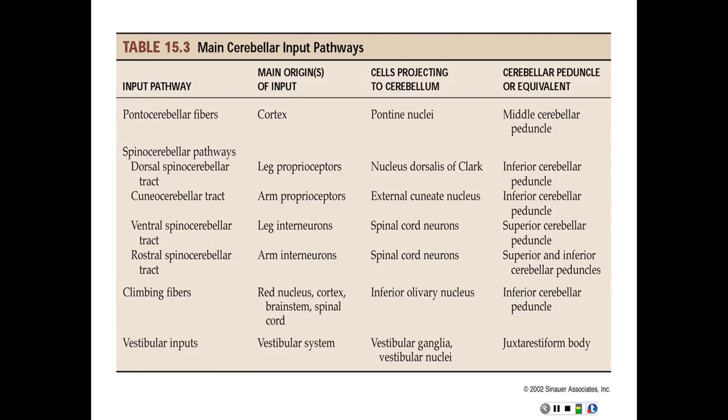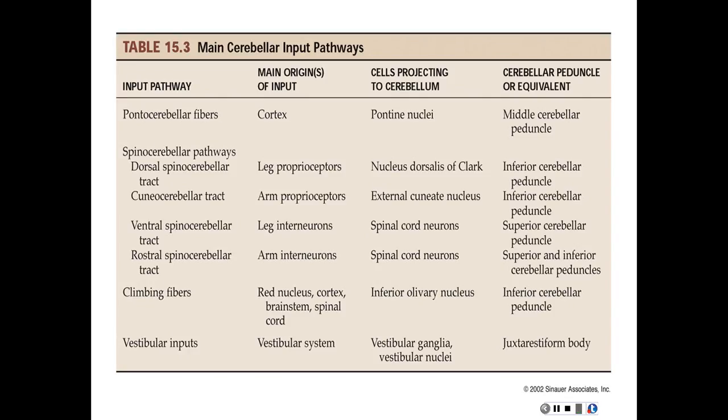The one is that clearly the cerebellum is being regulated by these two sets of inputs. We've got climbing fibers coming in, and we've got the pontocerebellar fibers and the mossy fibers coming in. All right, and that's providing excitation into the cerebellum.